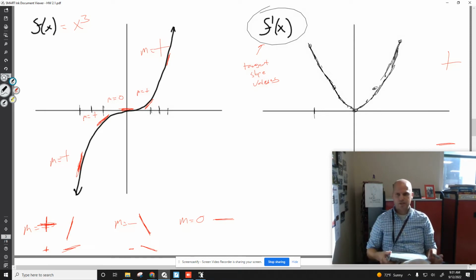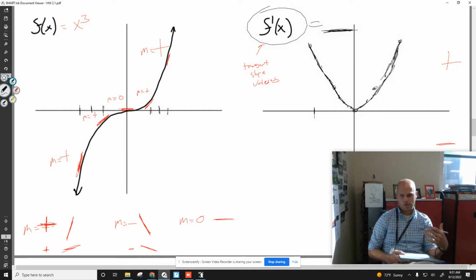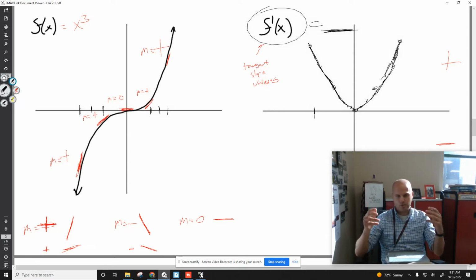Now, here's the big discovery. If you could find the equation for this graph, and we will find them quickly. For right now, I'm just going to give you the equations. You won't have to find them. I'm going to say, I used this process Newton discovered, and I found that the f prime equation for f is this.